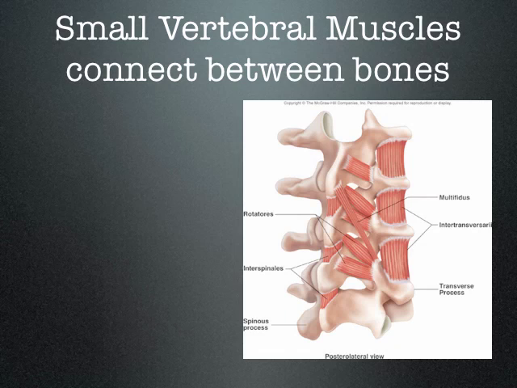You can imagine if any one of these little muscles went out, every other muscle here is dependent upon the precise movement of its neighbors. It's like a whole stack of acrobats. If one of them falls out of the stack, they all come tumbling down. And you can have huge problems with your back just losing one or two of these little muscles.